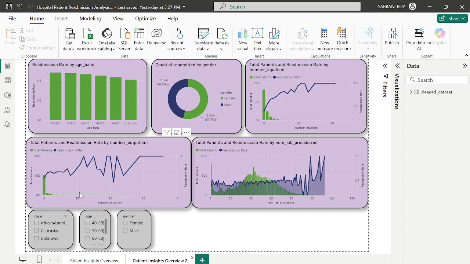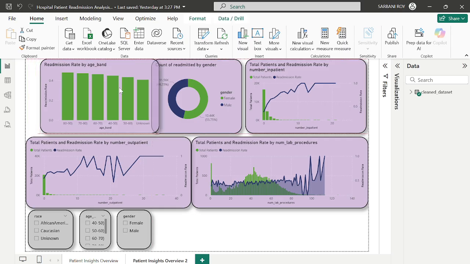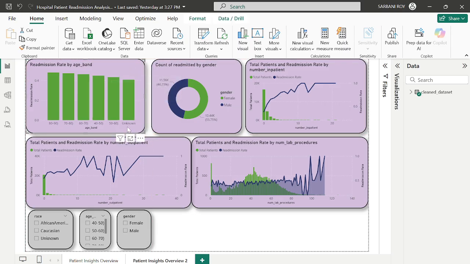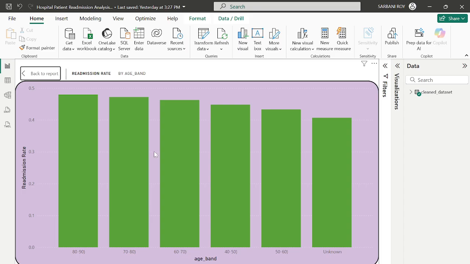Now you can see here also different types of graphs are represented. The first one, this bar chart, shows how readmission rate varies across different age groups. These are the different age groups mentioned.